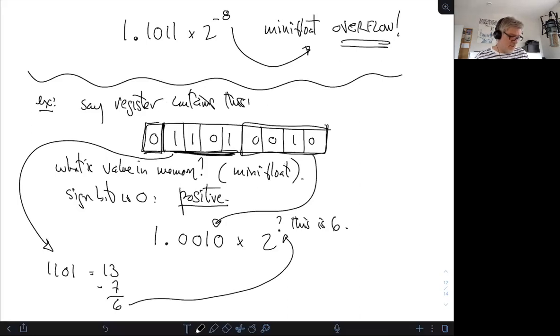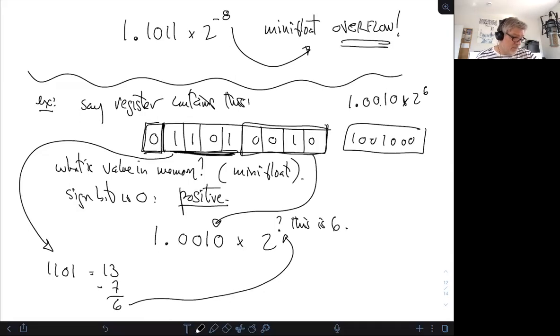So the number that I'm encoding is 1.0010 times 2 power 6. This is the number that was encoded, which, if I want it in decimal, is 72. I think. I just made this one up, but I think this is okay.